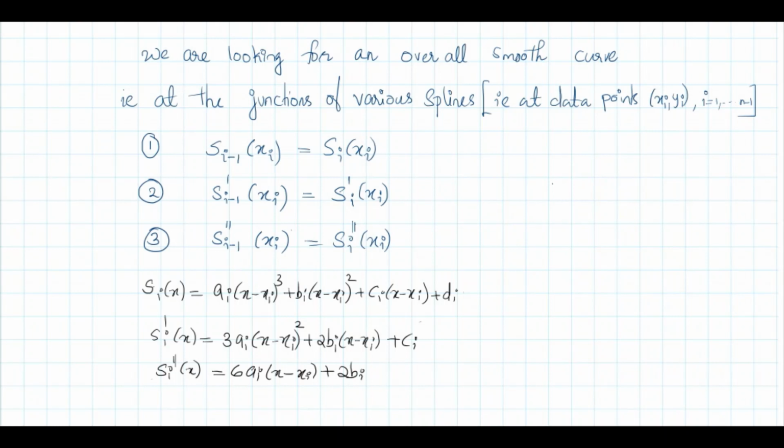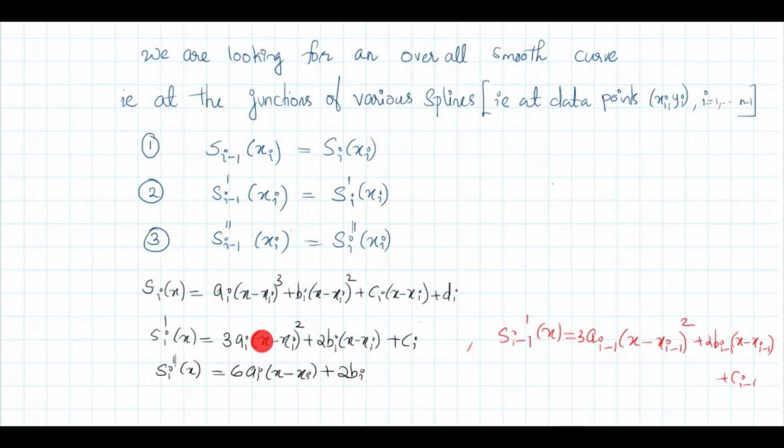So if we have Si prime x as this one, I can write Si minus 1 prime x as 3 ai minus 1 (x minus xi minus 1) whole square plus 2 bi minus 1 (x minus xi minus 1) plus ci minus 1.